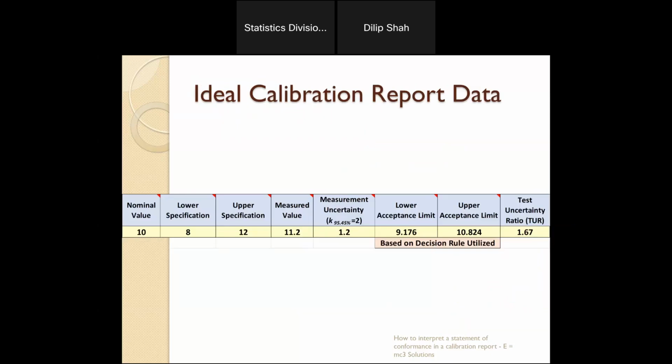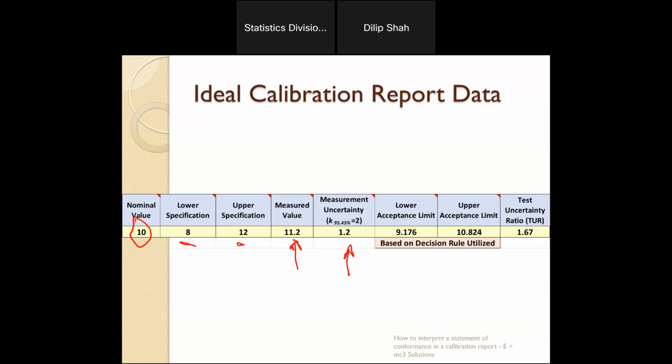So what should you have in an ideal calibration report that an accredited laboratory provides? For an ISO 17025 accredited laboratory, obviously the nominal value is what they're going to measure. The specification, the actual measured value, and the associated measurement uncertainty.